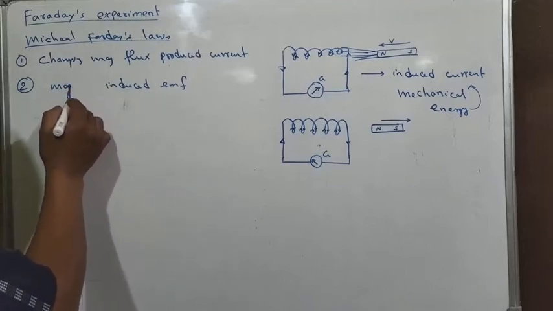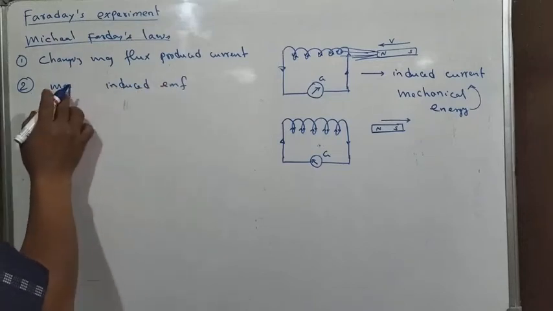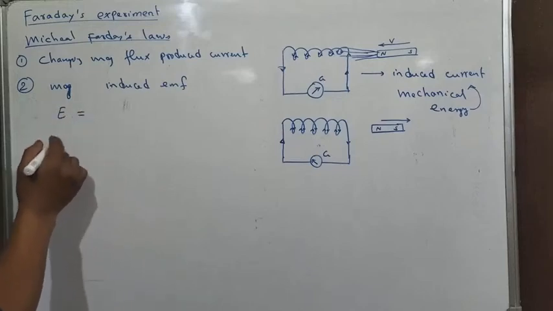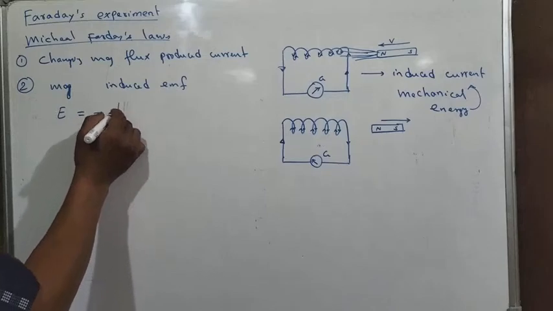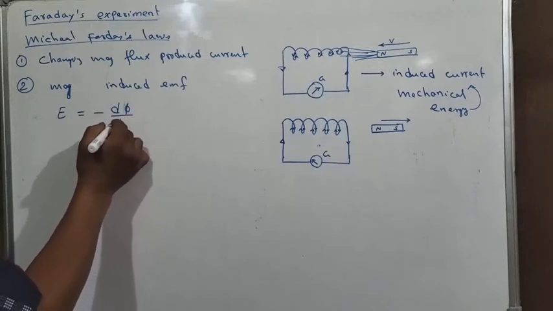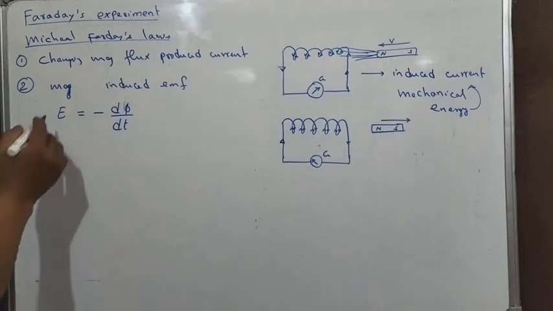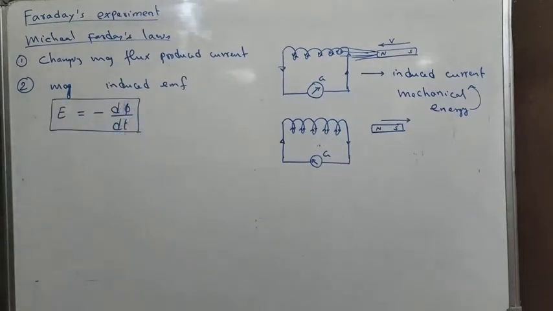This is the magnitude of the induced EMF. Suppose I denote this induced EMF by E, then Michael Faraday says that this EMF which is induced in the coil equals the rate of change of magnetic flux. So this is the mathematical statement of the second law of Michael Faraday.